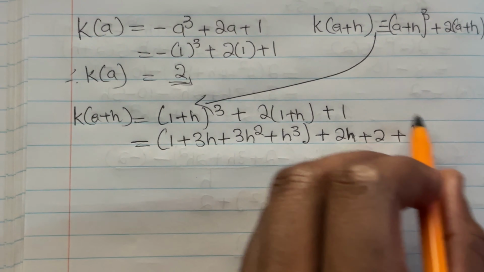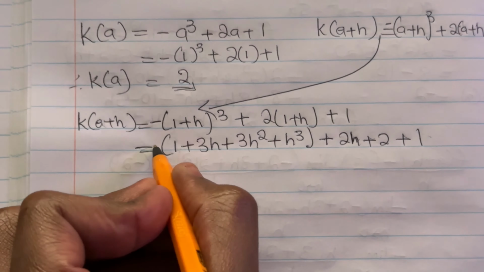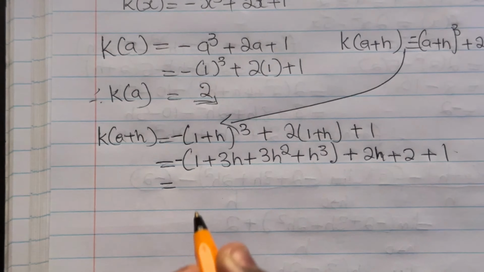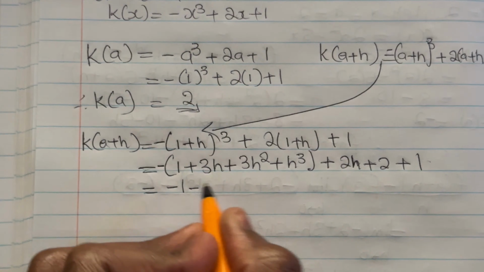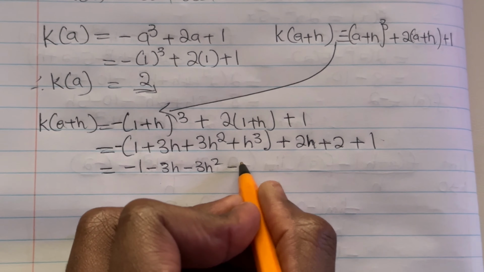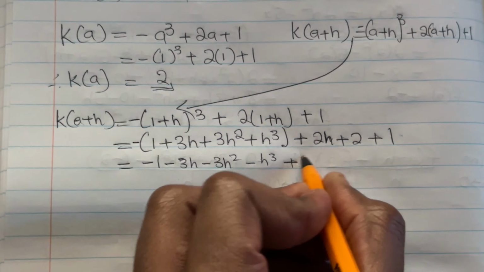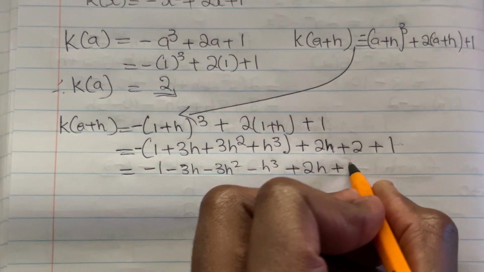So we want to solve this now going forward. Remember, we have the minus here. Let's not forget we have the minus. So it's going to be minus 1 minus 3h minus 3h squared minus h cubed plus 2h plus 3.